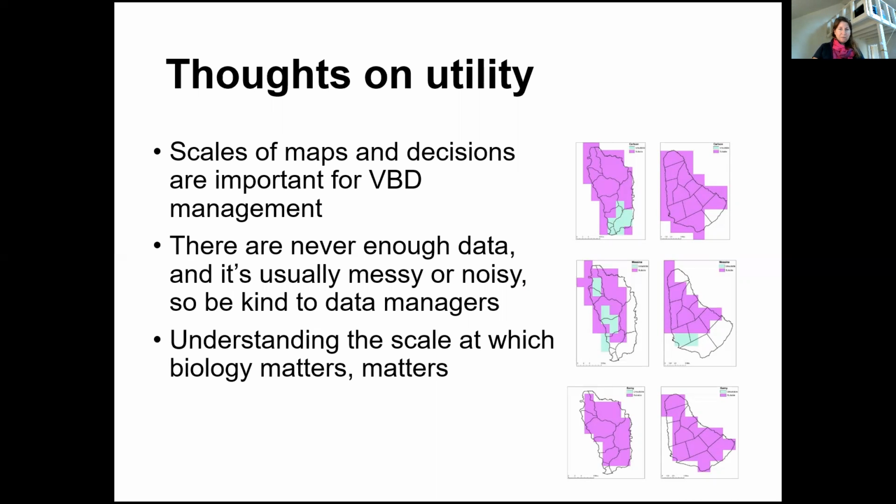Data are also massive when we're thinking about environmental layers for the entire globe, and they're messy. So one message I have is: be kind to data managers. Things like health data are very, very hard to use and require a lot of careful consideration and processing. Different data managers are encountering different things, so be kind to them.